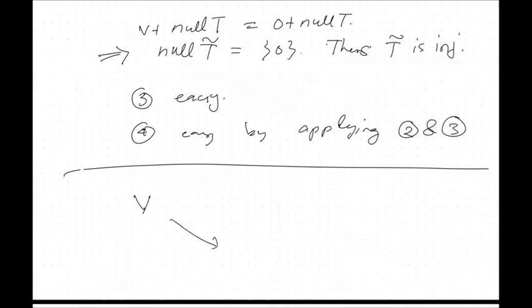And then W, we get the mapping from V modulo the null of T. Let me verify this commutative diagram, but I'll draw that next meeting.